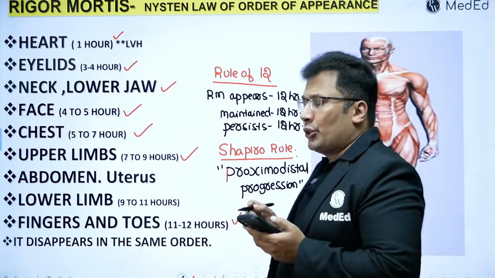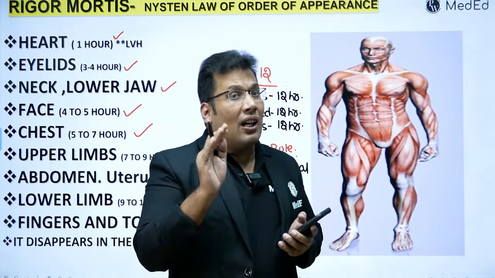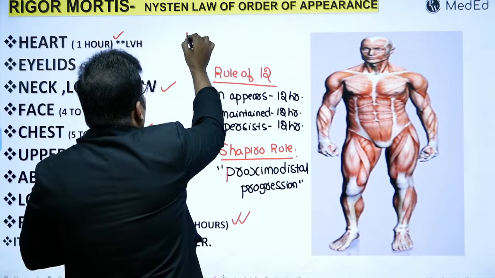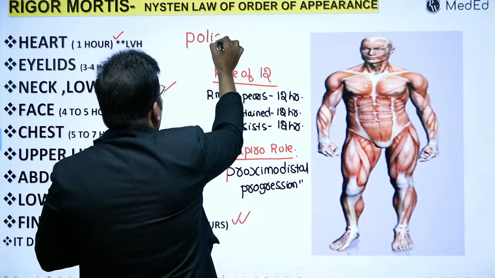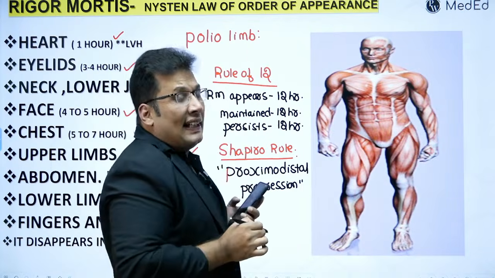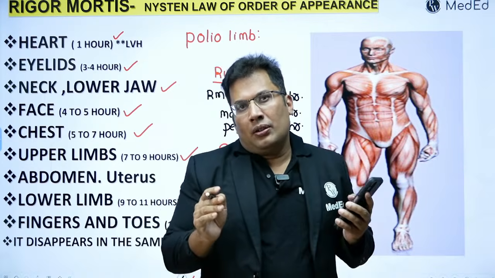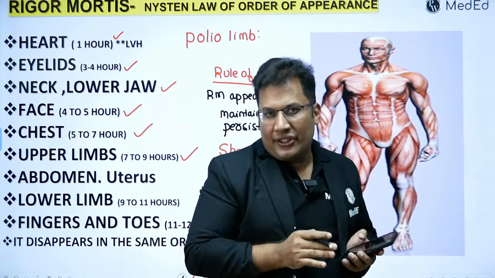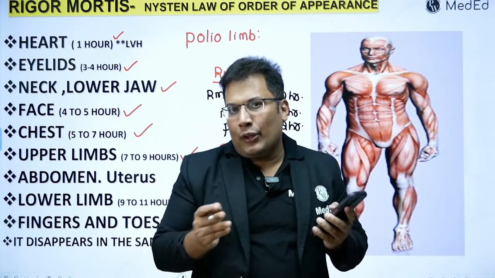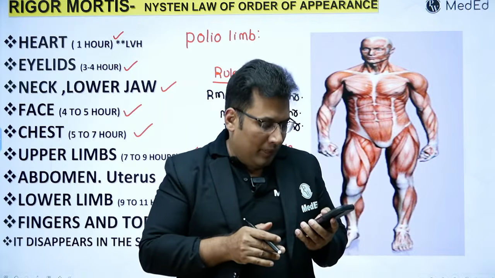Now I have a question for you. Does rigor mortis occur in a polio limb? Say yes or no. For example, the dead body of a polio-affected person, where both lower limbs are paralyzed.